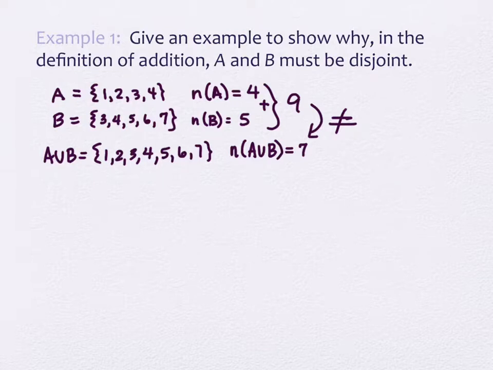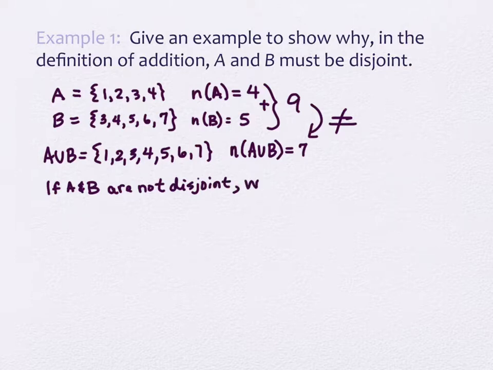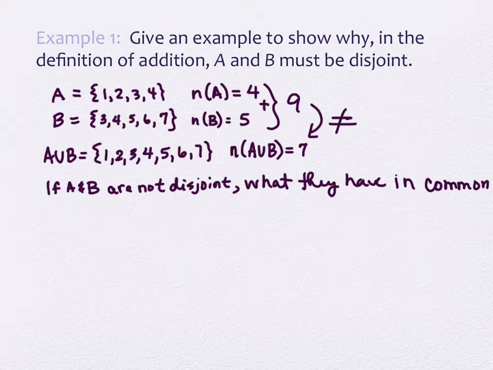So we gave the example, but just as a written record of what we did, we're going to write the statement down to justify to ourselves: if A and B are not disjoint, what they have in common will be counted twice.